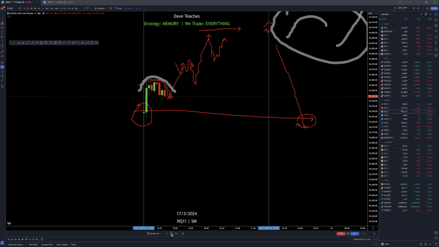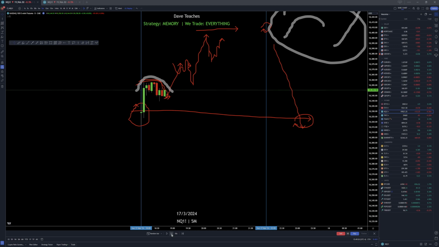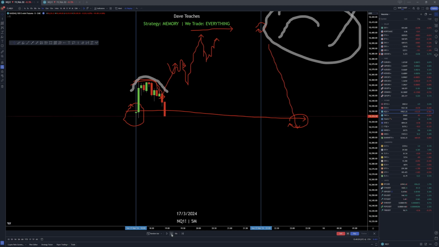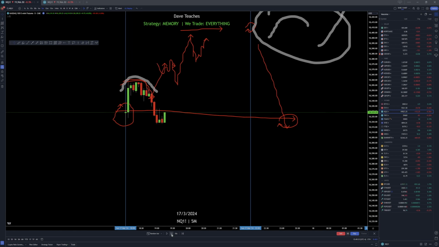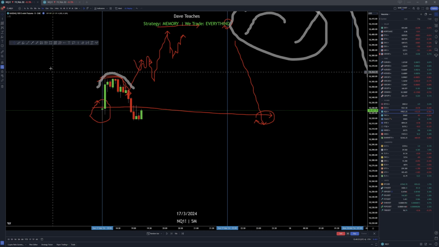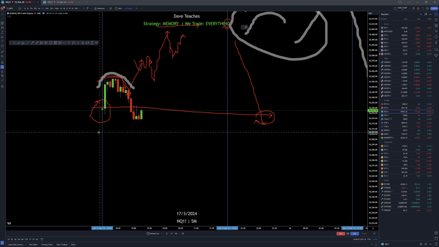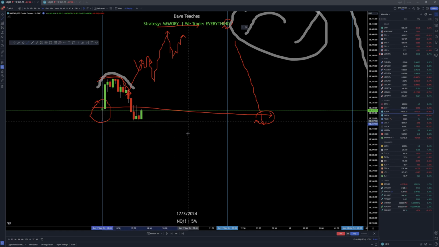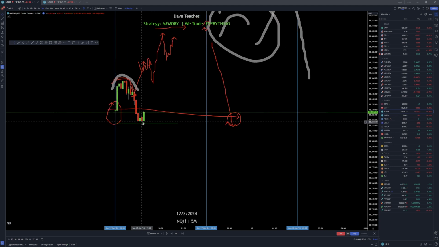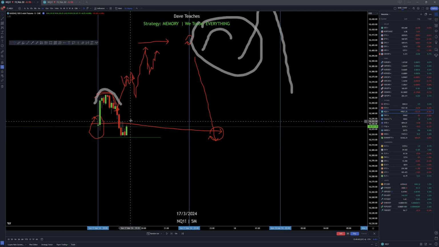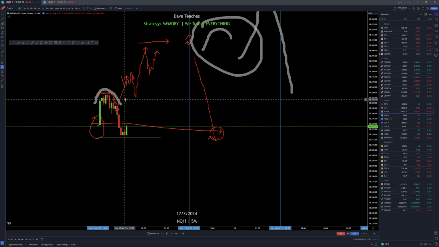So let's move some of this out. Let's just keep that low on the chart. Remember what we said. We want to keep the 4-hour low on our chart.